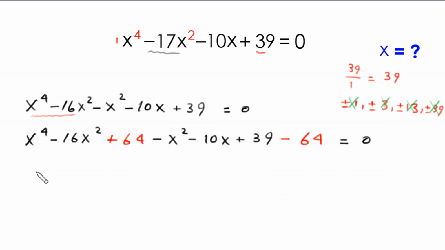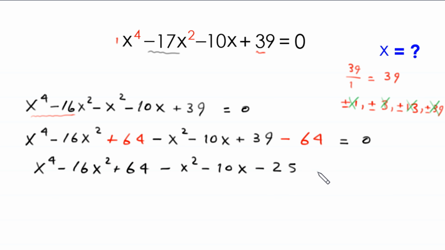Further simplify, this will become x to the power 4 minus 16x squared plus 64 minus x squared minus 10 times x. 39 minus 64 will become negative 25 is equal to 0.